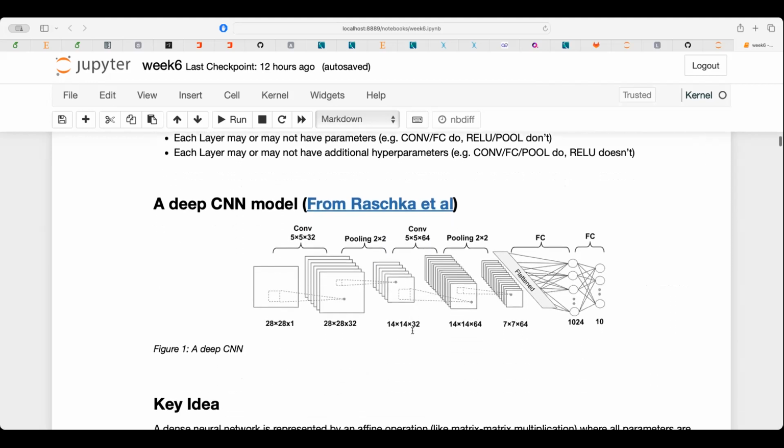What is often done is that you start with an image, which could be 28 times 28 pixels, multiplied with one color channel. So this would be a grayscale image, for instance. And you can have many convolutional operations. What often happens is that you apply a filter, which is in this case a 5x5 filter, but you produce 32 new images.